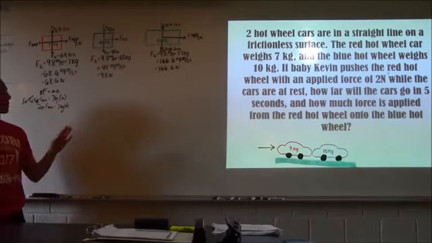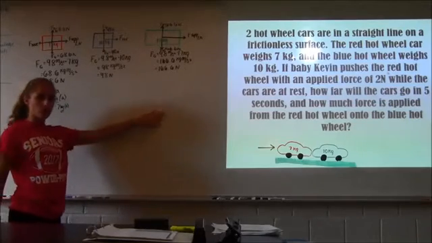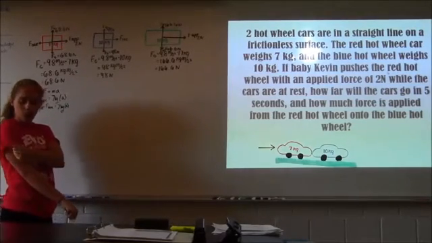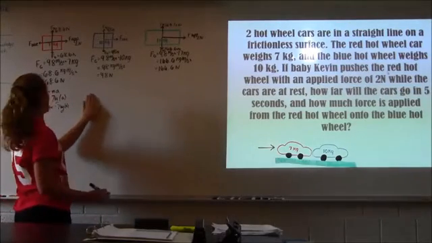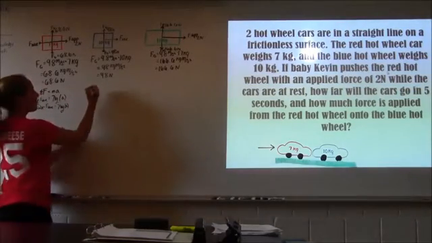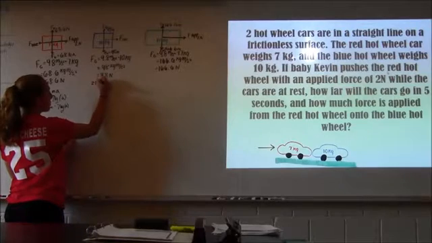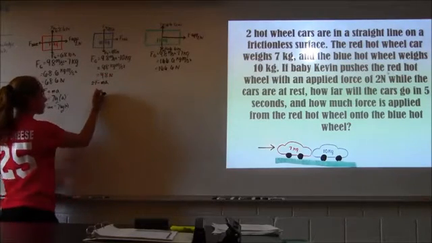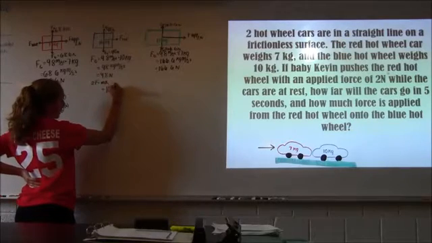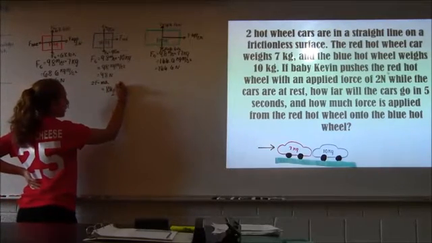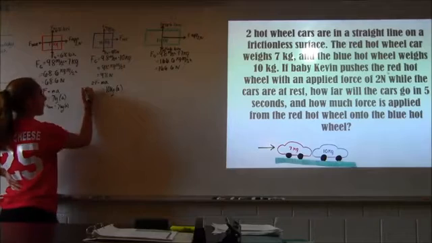So we have to continue finding the sum of the forces for each one until we are able to find the acceleration value. To do it again on this one, the sum of the forces is equal to mass times acceleration. The mass is 10 kilograms this time, and the acceleration we still don't know.